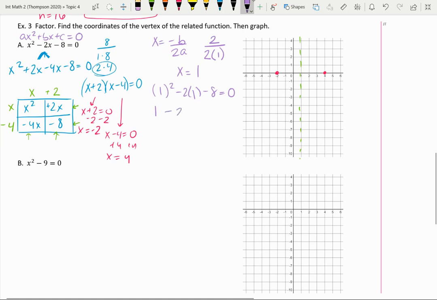Minus 2 times 1. Minus 8. 1 minus 2 minus 8 is actually -9. So I get this point 1, -9.